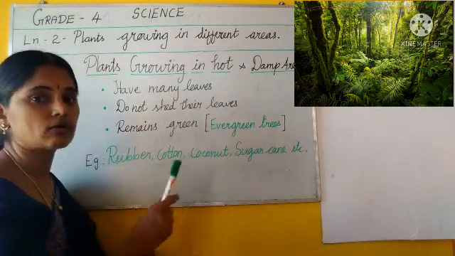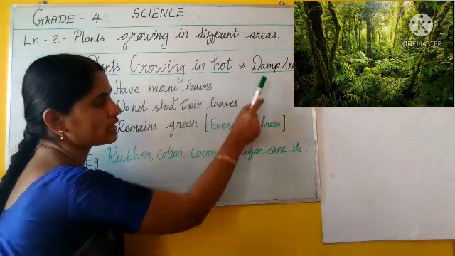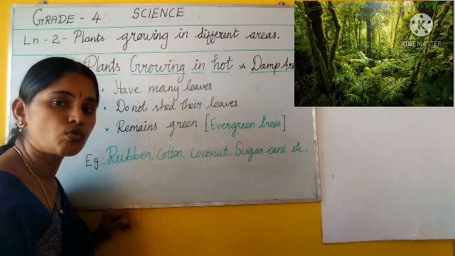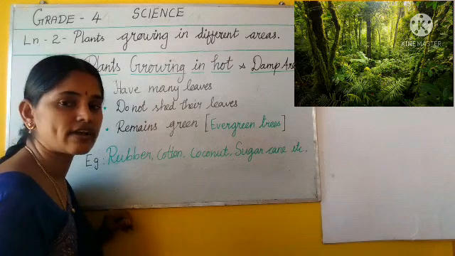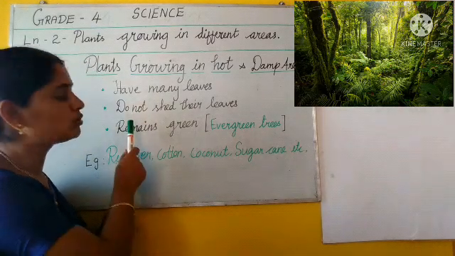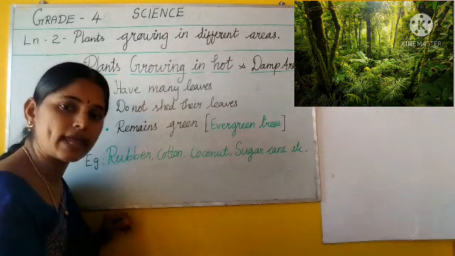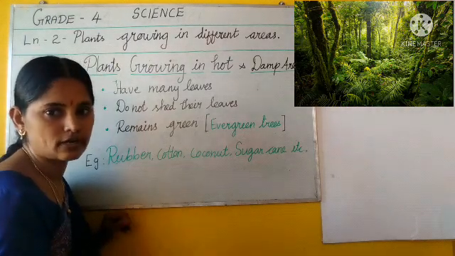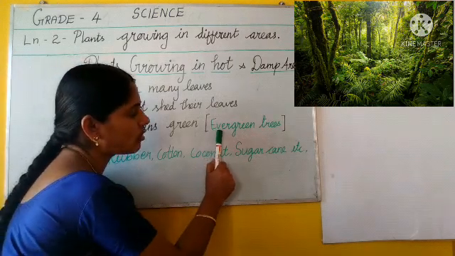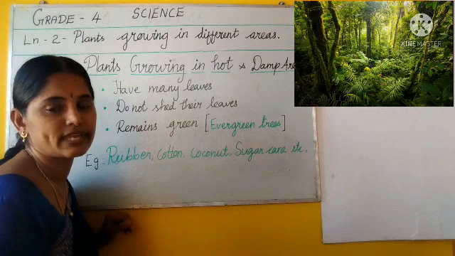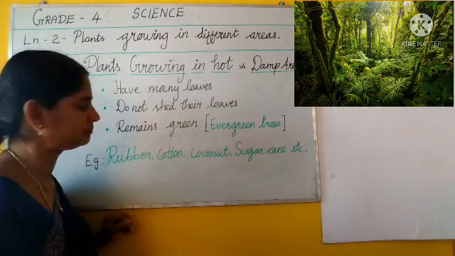Why are we calling those trees in hot and damp region evergreen trees? They do not shed their leaves, therefore they remain green throughout the year. So that is why we call them evergreen trees.